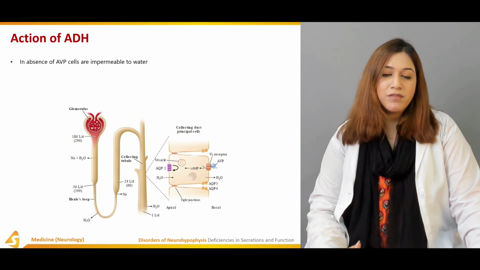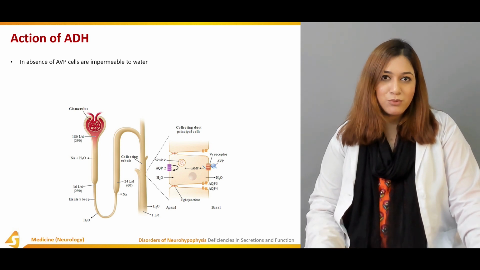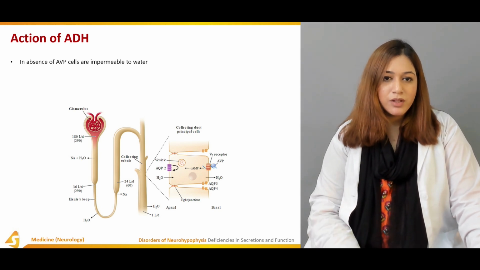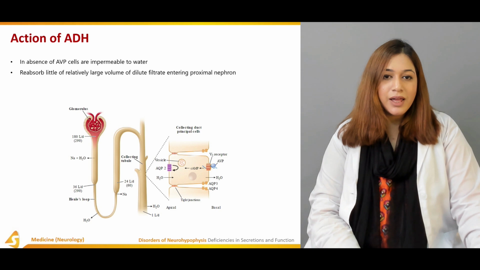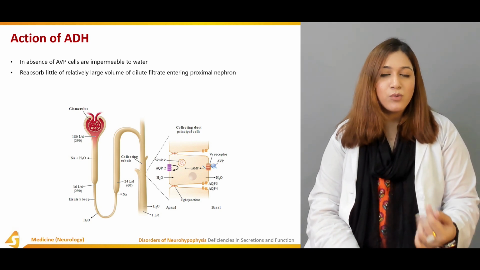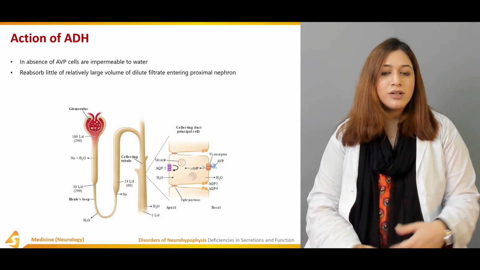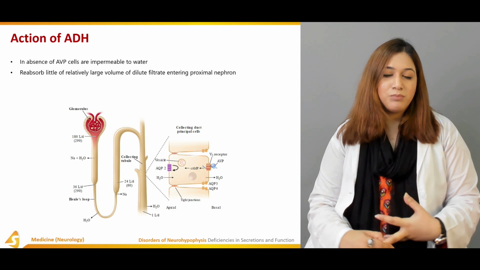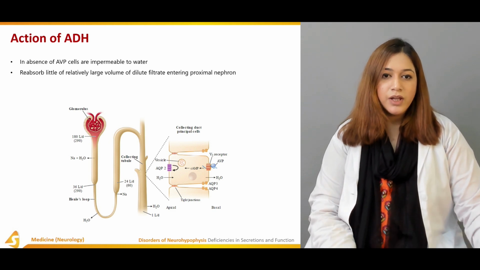In the absence of AVP, these cells are impermeable to water, as I have already discussed in the previous diagram. But when AVP acts on these cells, aquaporin 2 water channels are inserted and they become permeable to water.